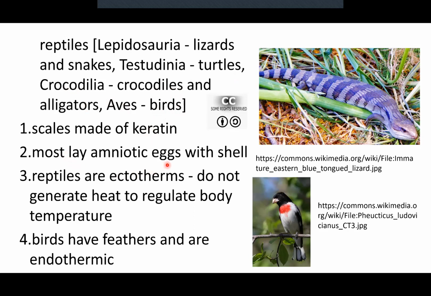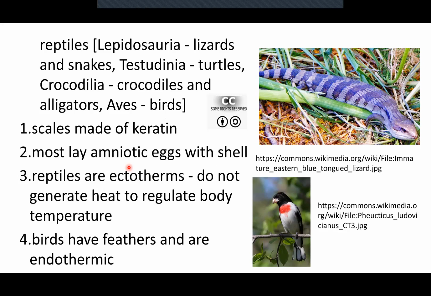Most lay amniotic eggs with the shell, although some reptiles, such as the blue-tongued skink over here, I just had to include a picture of one because I own one, actually give live birth. And there are reptiles that can reproduce by parthenogenesis, such as the whiptail lizards.